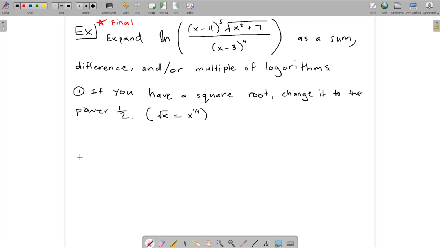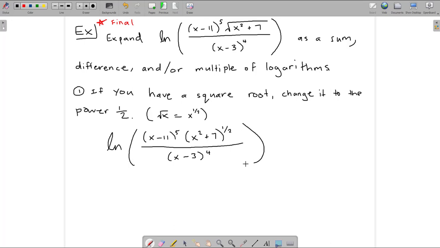So we'll go ahead and rewrite that whole thing. Natural log of x minus 11 to the 5th, and then this thing becomes x squared plus 7 to the 1/2. The whole thing goes to the 1/2, right? Don't split it up or anything. And then over x minus 3 to the 4th. Alright, so now we have it in things that we can work with.